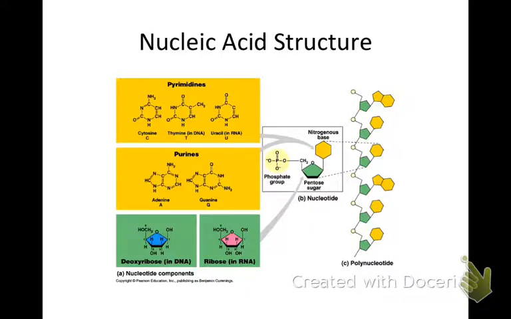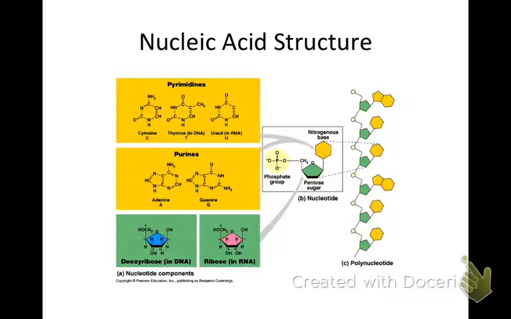Nucleic acid, on to the last one. Woohoo! Please highlight that the monomers, the building blocks, are nucleotides. The polymers, the big guys, the macromolecules, those are DNA and RNA. We're going to actually draw one out here. This is basically a 5-carbon sugar.